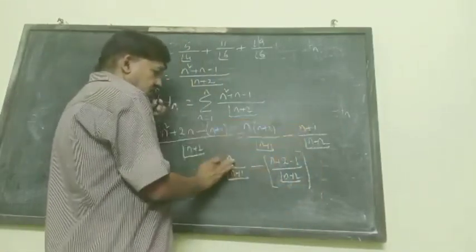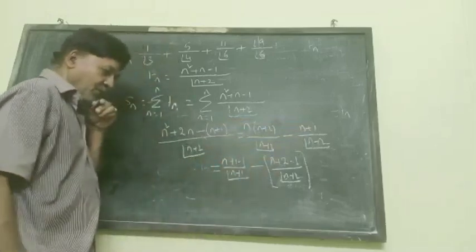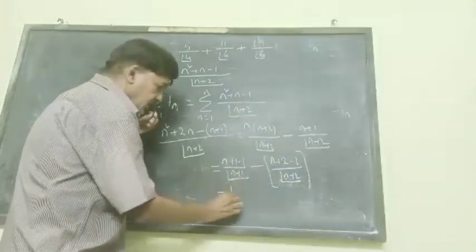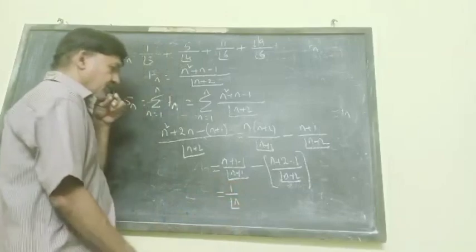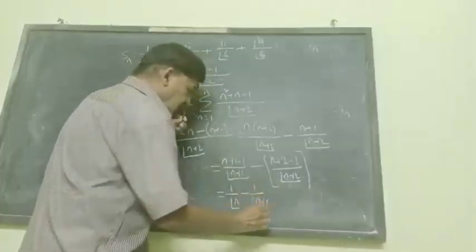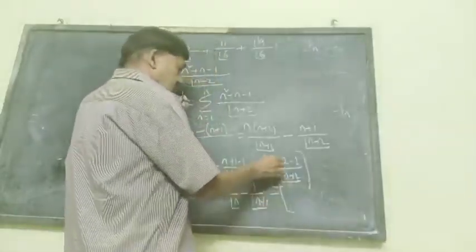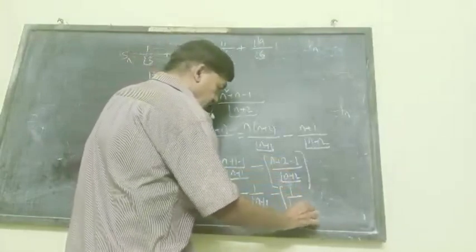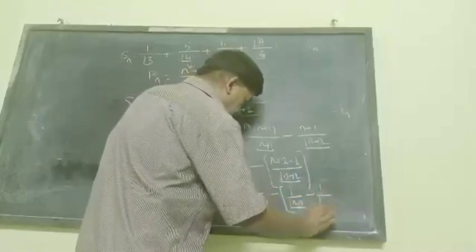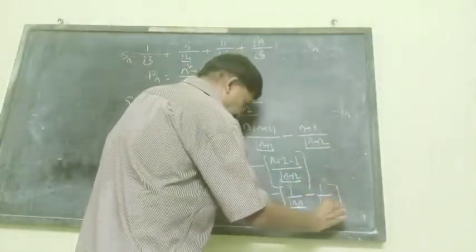This one, you put it as n plus 1 minus 1. Then finally you are going to get 1 by factorial n minus 1 by factorial n plus 1, one set, minus of this by this, which is 1 by factorial n plus 1 minus 1 by factorial n plus 2.